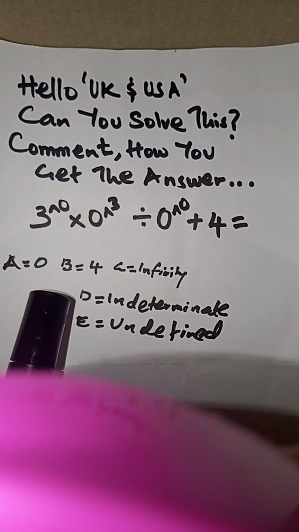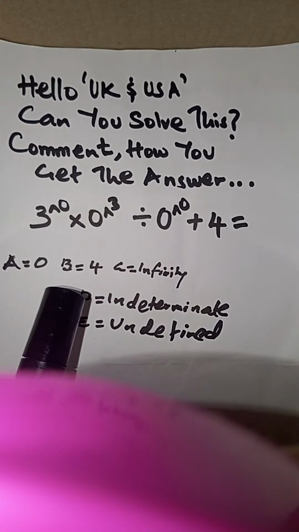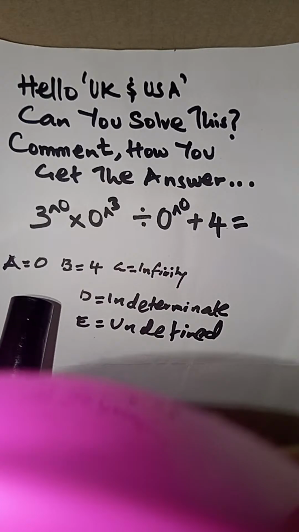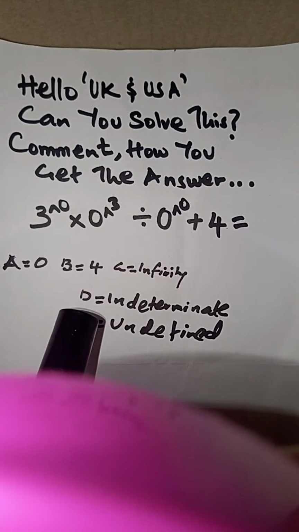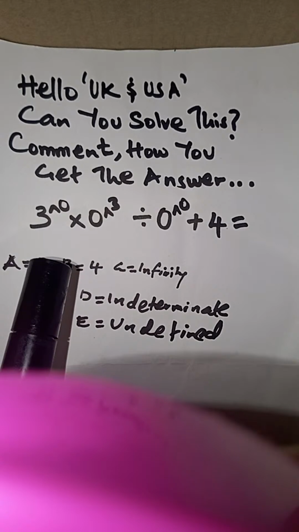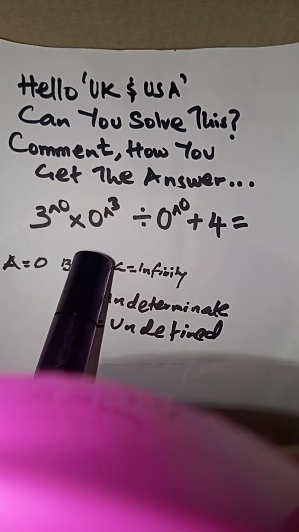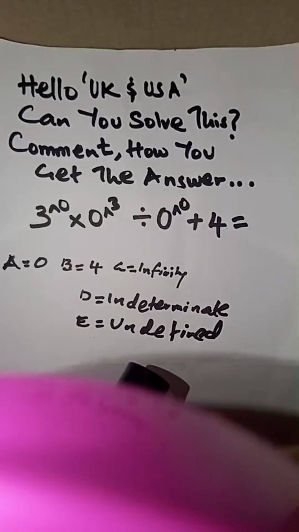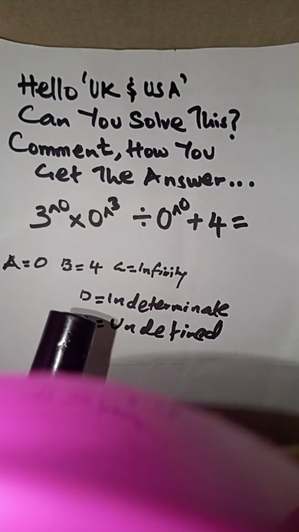So guys, given that, do you have any other option? Sergius Pede is saying the answer is 4. The answer is 4, and he has shown how we got 4.